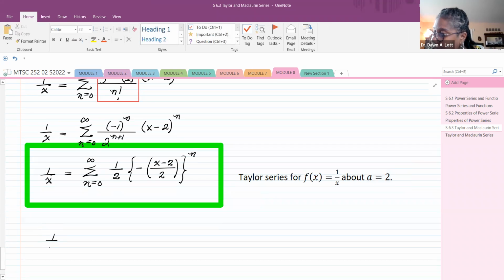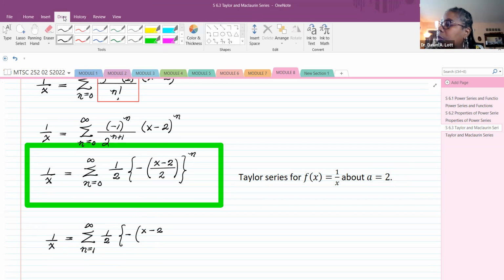So I can write 1 over x as the sum n equals 1 to infinity of 1/2 times negative x minus 2 over 2, to the n minus 1.